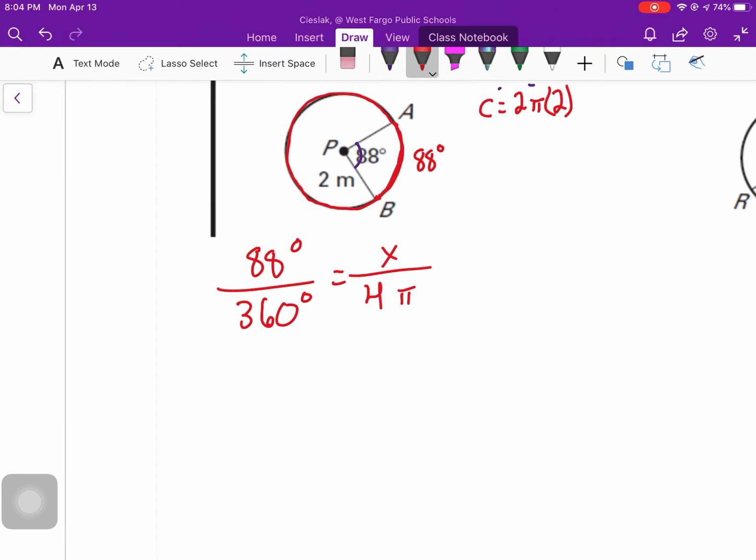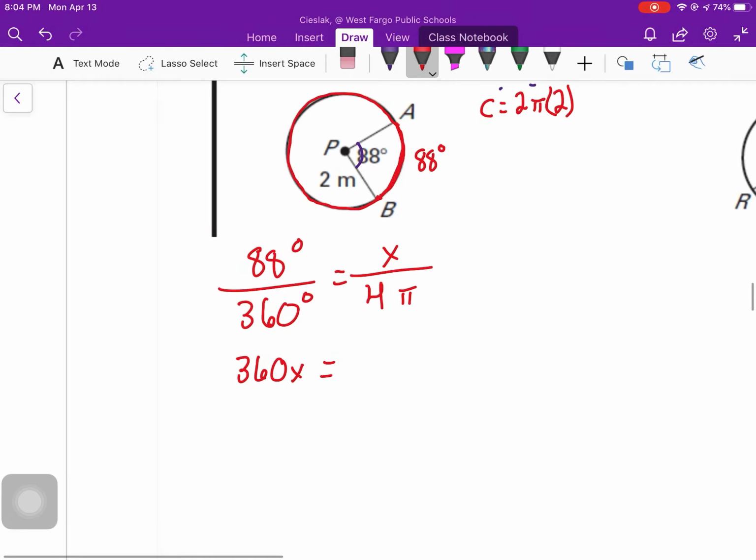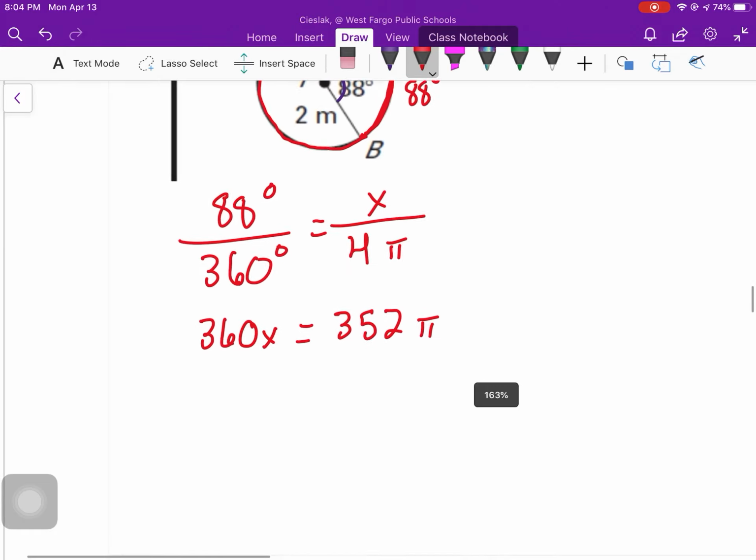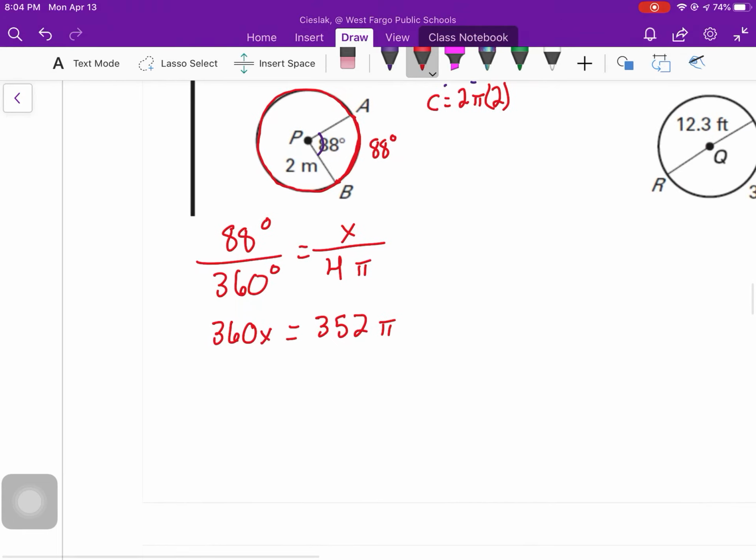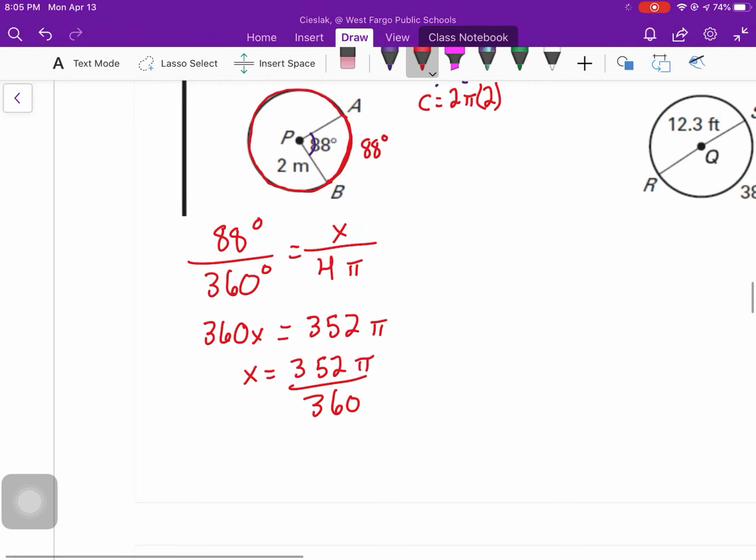Okay, if we cross multiply here, this is going to give me 360x is equal to 4 times 88, which gives you 352 times pi. So notice how I'm just tacking that pi on and dragging it along until the end. If I want to get x by itself, x is equal to 352 pi all divided by 360.